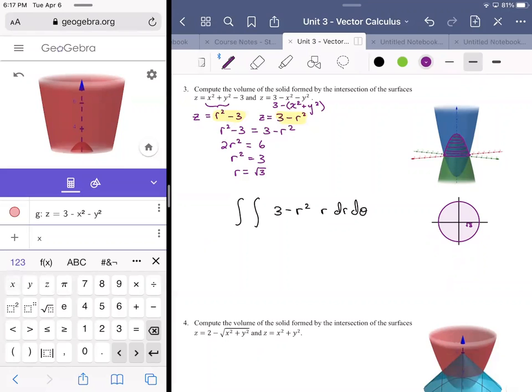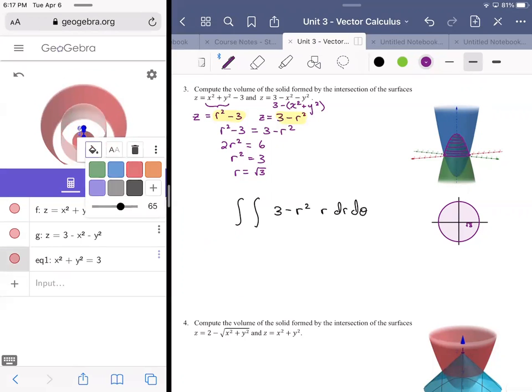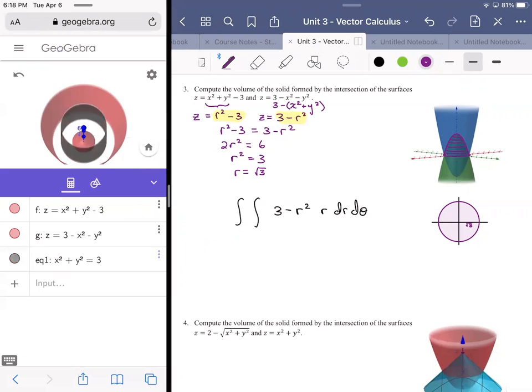I'm going to type in x squared plus y squared equals 3. And let me change the color on that so it pops a little. Oh, I'm trying to do it like Desmos, where you just long press on it. All right.